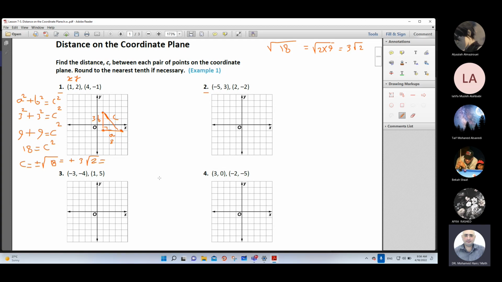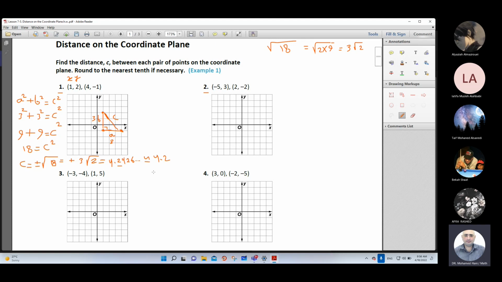The square root of 18 is about 4.2426, etc. And if you want to estimate to the nearest tenth, as you see the tenths place here, look to the right number: 4. 4 is less than 5, so keep the same digit here, so it equals 4.2.